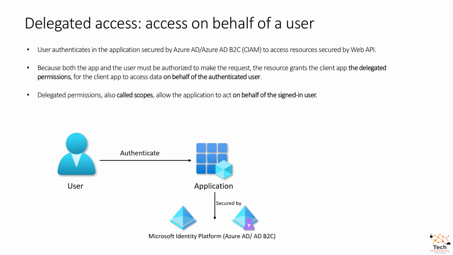Once the user is successfully authenticated, the application can then access the protected resource on behalf of the authenticated user, using the access token. So the application can call the web API, provide the access token in the authorization header, and obviously then the web API will return some data related to a specific user.